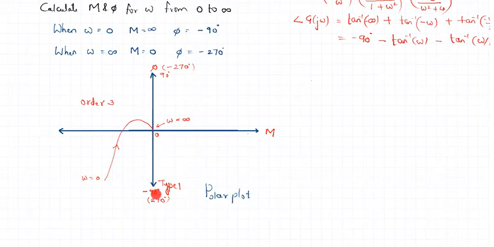And order 3 means it's going to terminate in this particular quadrant. Now look at when frequency is 0, magnitude is infinity. So when frequency was 0, the magnitude of the polar plot is infinity, so it's appearing somewhere from infinity. And what was the phase? The phase is minus 90 degree.